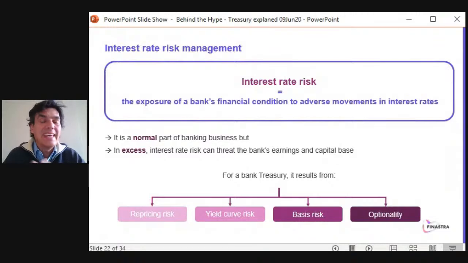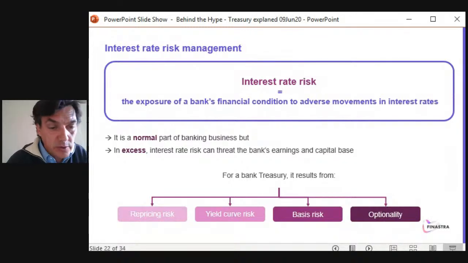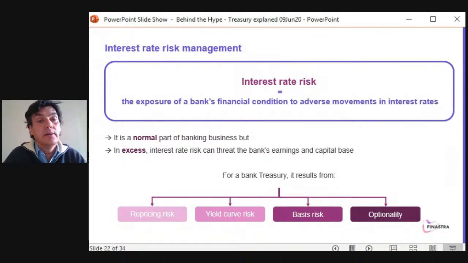So the interest rate risk is part of the business, and since banks were created 500 years ago, there has always been interest rate risk. So that's a really normal part of the banking business, and every treasurer obviously manages their interest rate risk.